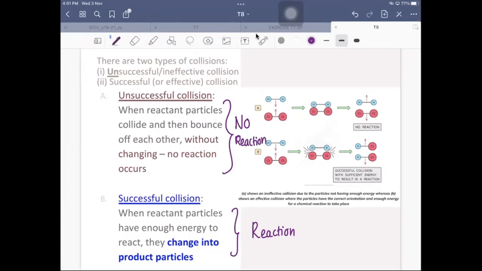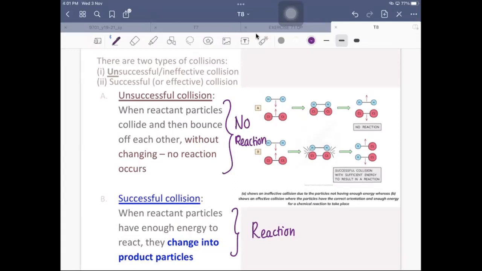What are the reasons for that? Well, there could be many reasons. Maybe they don't have enough energy to react, minimum energy. Maybe they're not hitting each other at the right angle. Okay, so the diagram is showing you what happens at A, which is an unsuccessful collision.